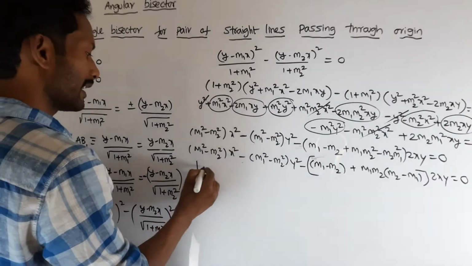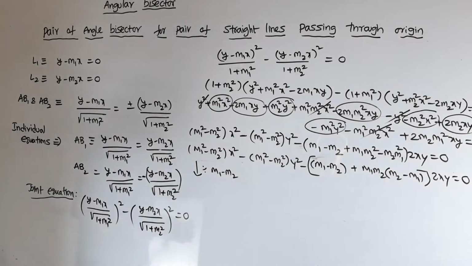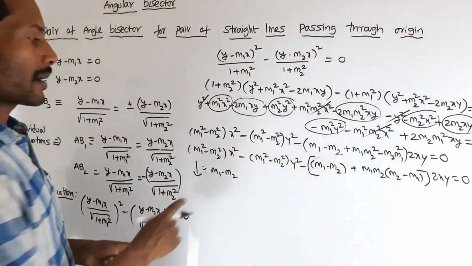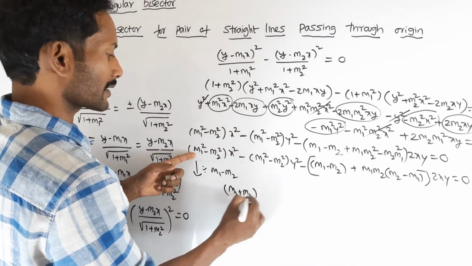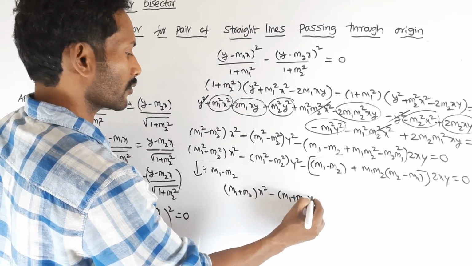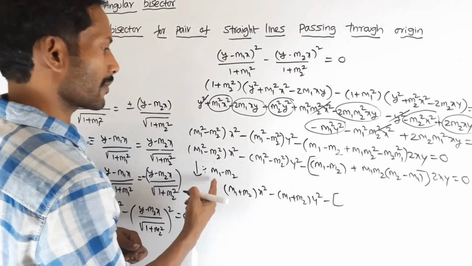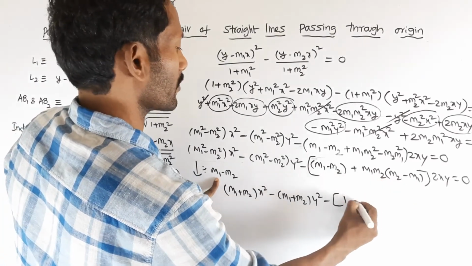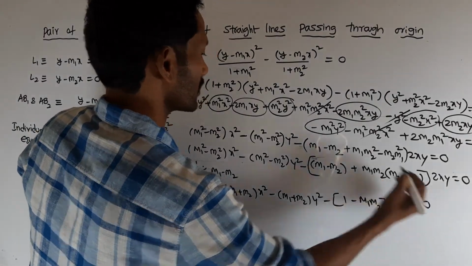Now divided by m1 minus m2. So we get m1 plus m2 into x square minus of m1 plus m2 into y square. So minus of this value is divided by m1 minus m2, so plus 1. So divided by m1 minus m2, so minus m1 m2, 2xy equal to 0.